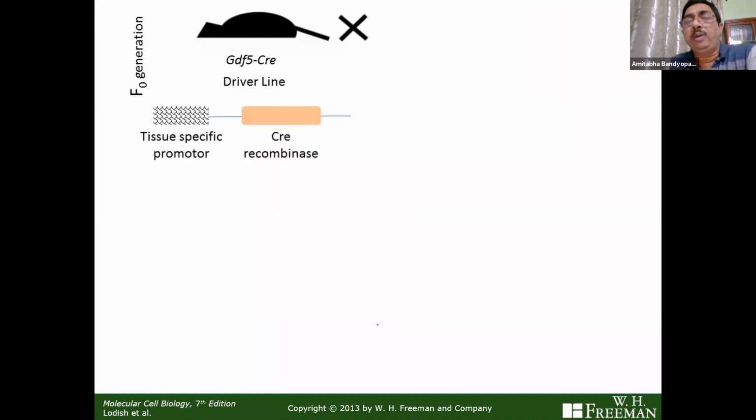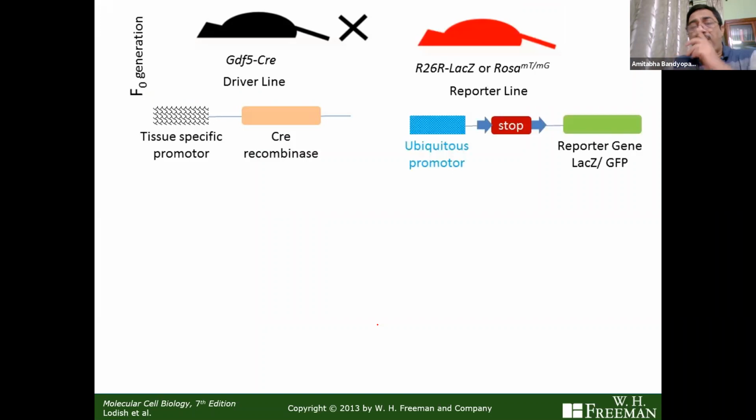I will show you our own experiment. GDF5 is a gene that is expressed in very early joint cartilage. Okay. And you cross it with a reporter gene, R26R, meaning Rosa 26, followed by LacZ.